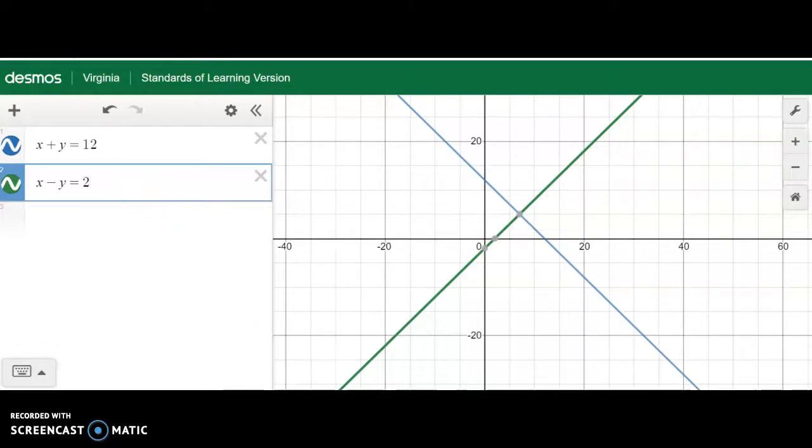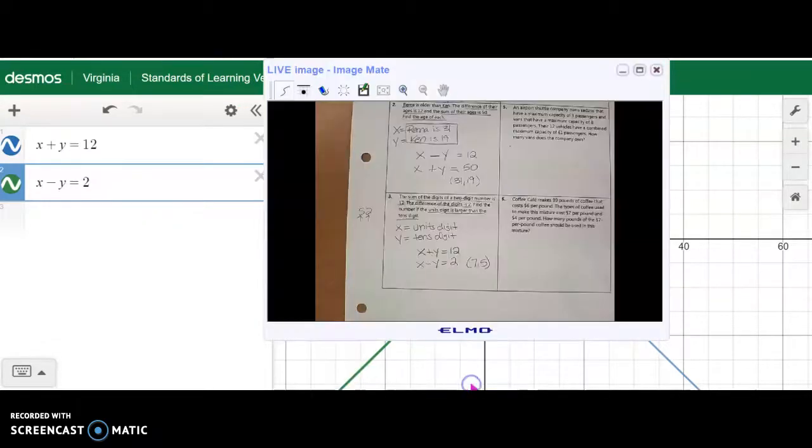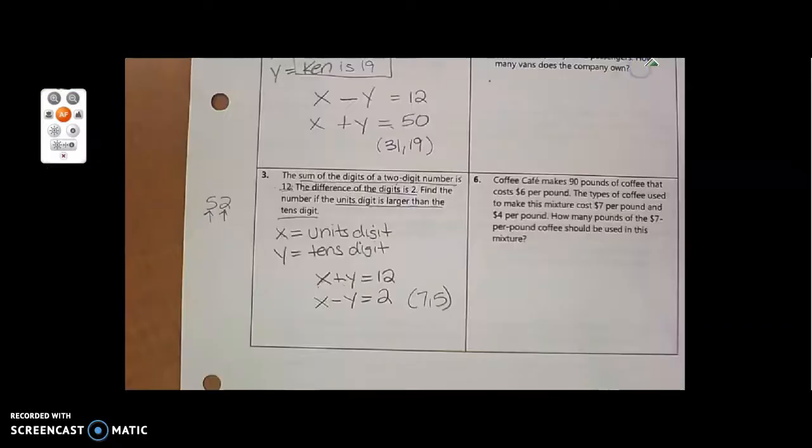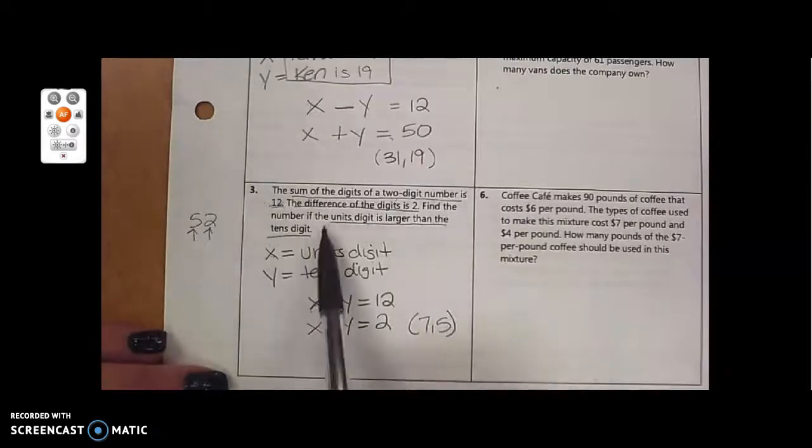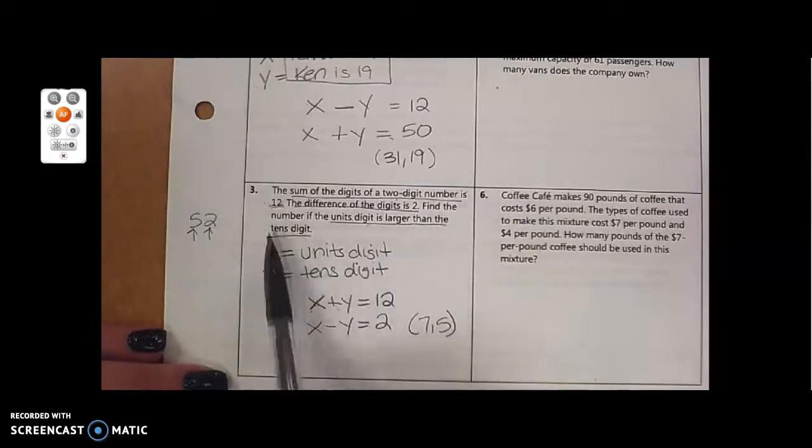We need to go back and see what they asked. What was the question? It's asking us to find the number if the units digit is larger than the tens digit.